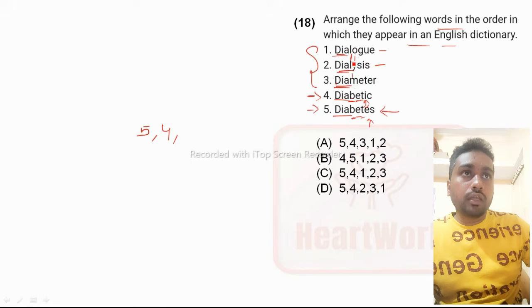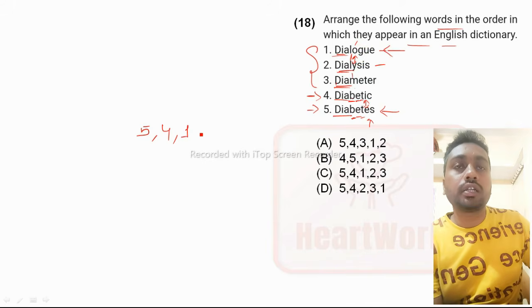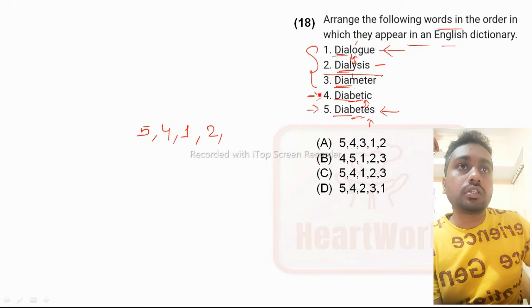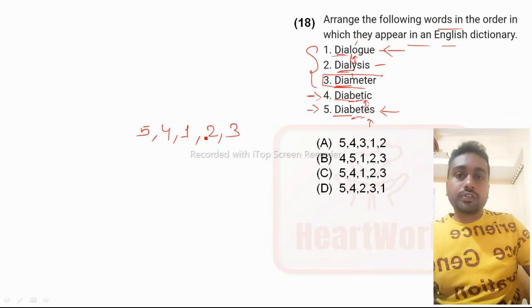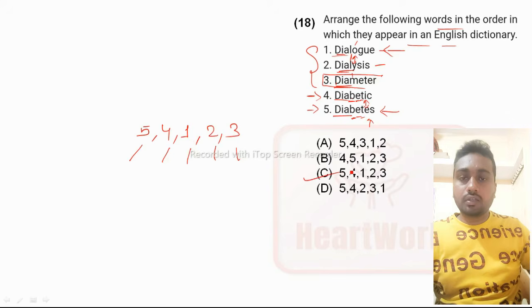Now O and Y. Between O and Y, O will come first. So the third word in the dictionary is 1. Then 2, then the last one is 3. So in a dictionary the words will appear like that: first 5, then 4, then 1, then 2, then 3. So option C is the right answer.